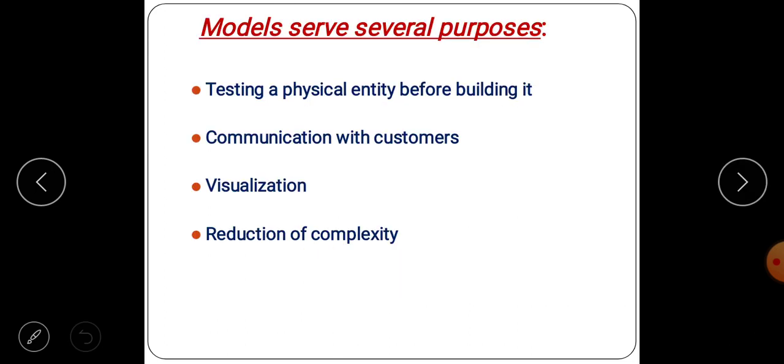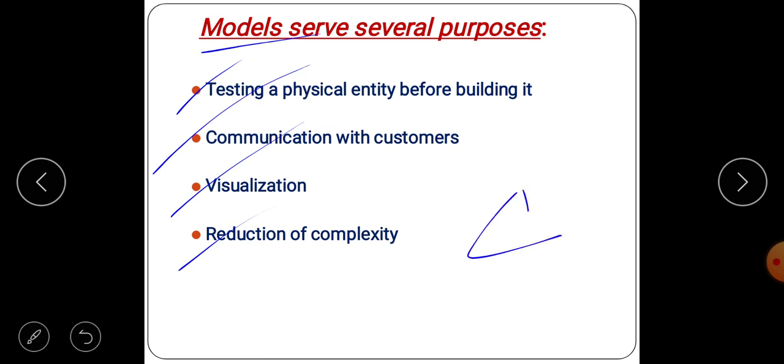Next, models serve several purposes. Okay, what is the importance of the model? One is testing a physical entity before building it, communication with the customer, visualization, reduction of complexity.